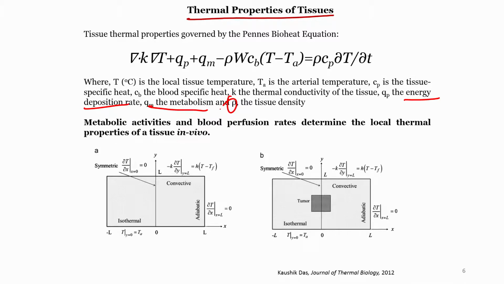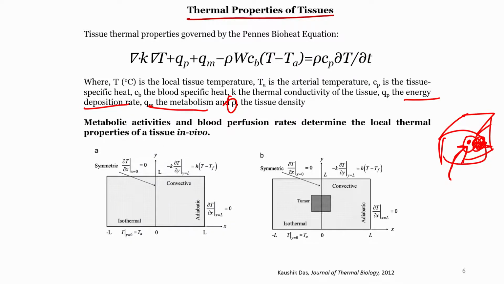We will see soon what these are. Now, if you take any point inside the tissue, what defines the local tissue temperature is a combination of the energy deposition rate, which is the energy supplied from outside, internal metabolic activities, and the blood perfusion rate.